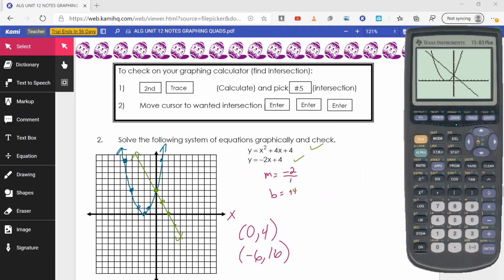Second trace. So notice above our trace button here, we have calc in yellow. That basically means calculate. So we're going to hit second trace, and we want to find the point of intersection. So it's actually number 5, intersect. Now, what we want to do is move the cursor around the point of intersection.